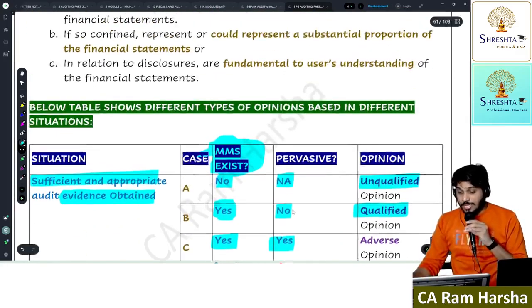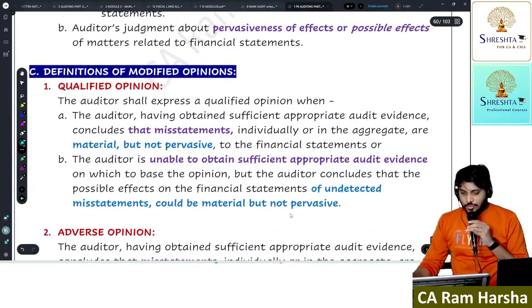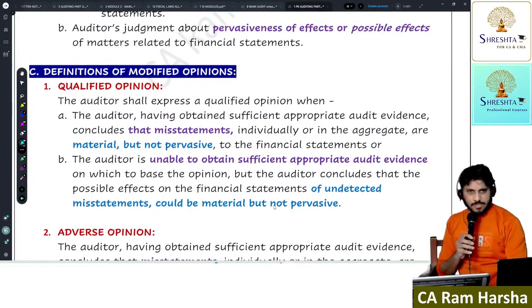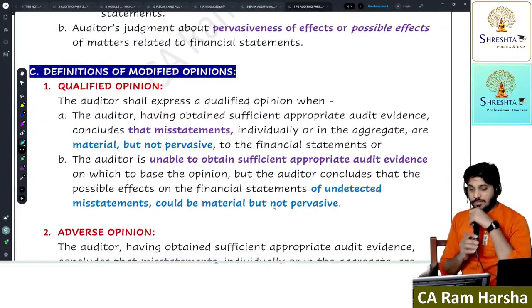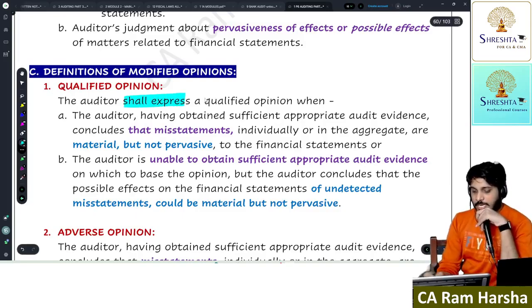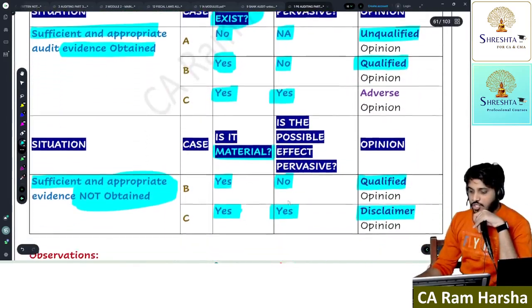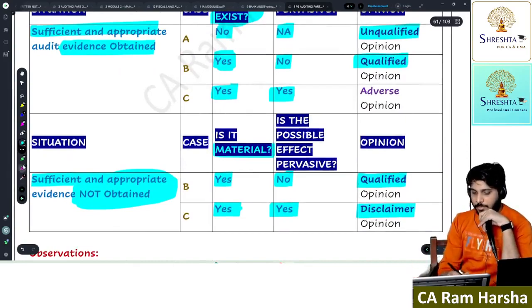Now you see how the definitions will come. First, qualified opinion. If you understand that, the remaining two parts of the definition are dead easy. The auditor shall express a qualified opinion in two situations. You see in this table, in how many situations are you getting a qualified opinion?